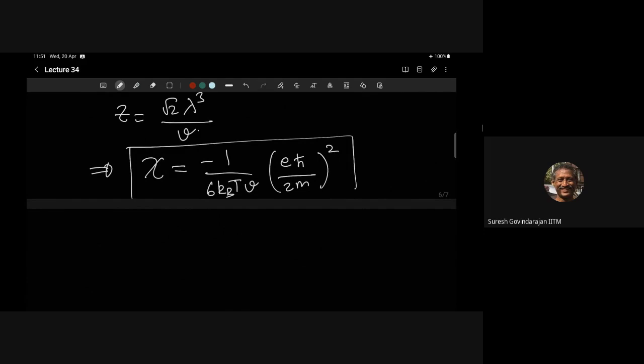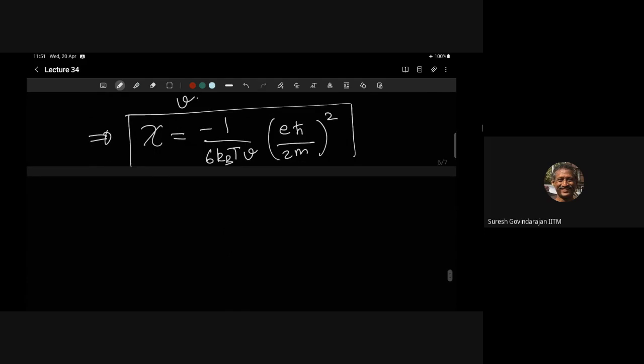Okay, so now we can see that this is a diamagnetic response. What is diamagnetism? It is that you apply a magnetic field and the induced magnetization has the opposite sign. There are bogus derivations of this using Lenz's law, blah blah blah.